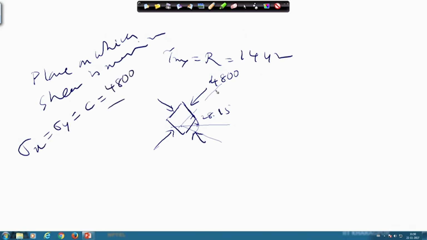So, this is 4800, this is also 4800, and the shear will be here, here, here and here, and this will be 1442. So, all normal stresses will be 4800 and the shear 1442.